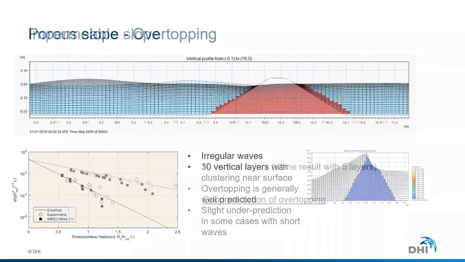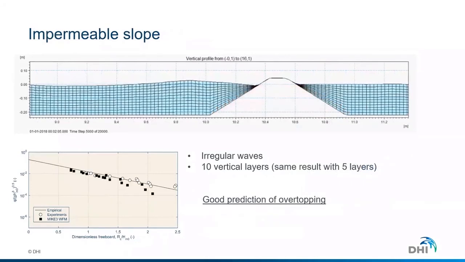So first off, we try to model it using a non-porous setup. And we see that the experiments are white dots, and the empirical relations are with a black line, and then the MIKE 21 Wave FM results are with black squares.